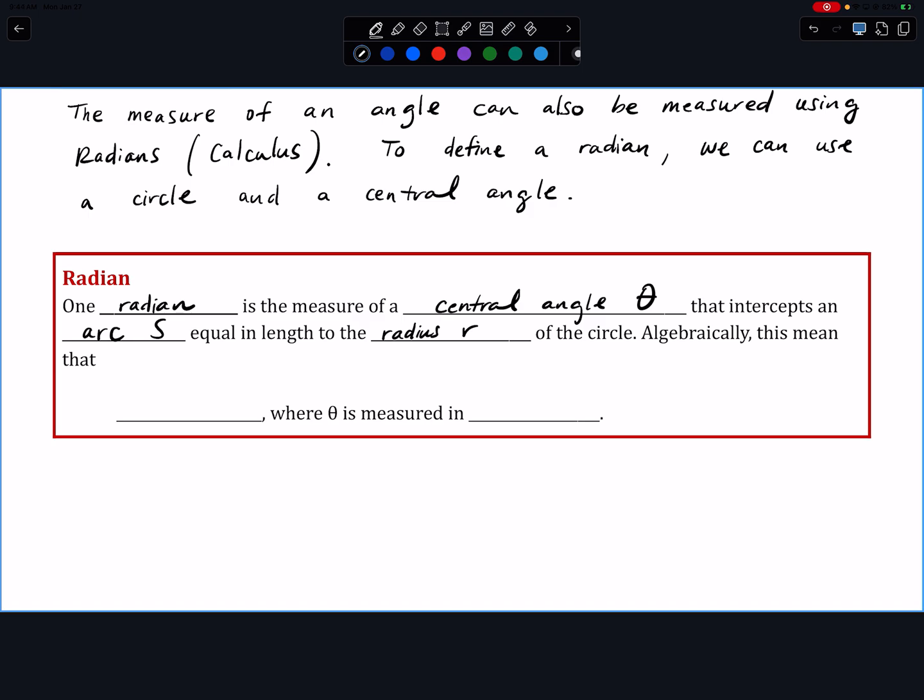Algebraically, this means that theta is equal to S divided by r, where theta is measured in radians.